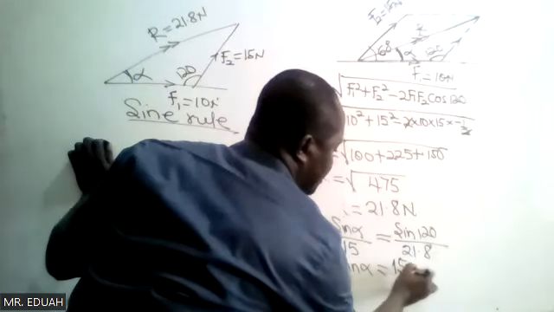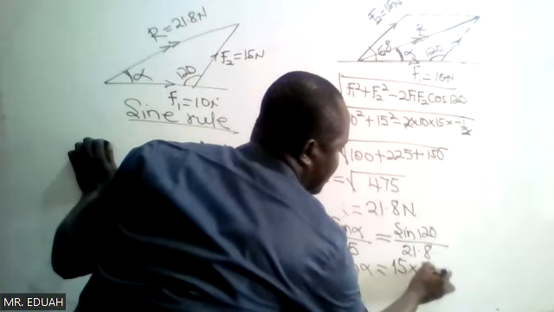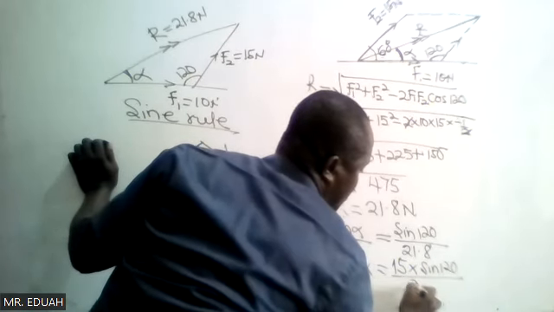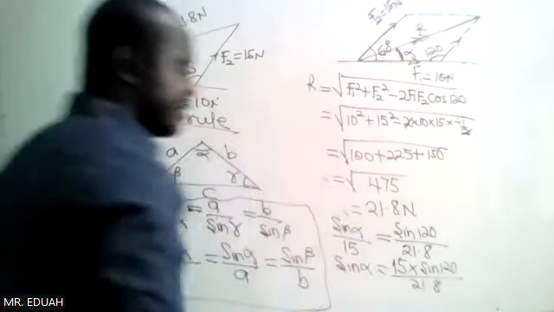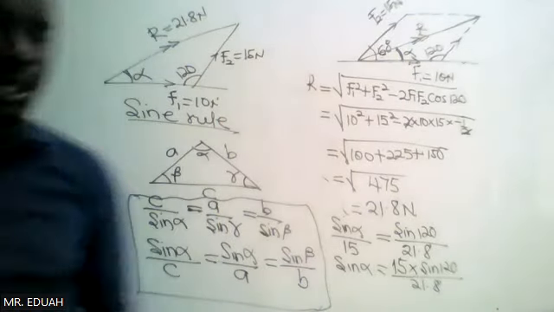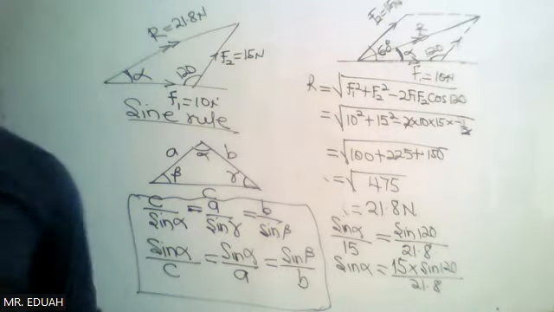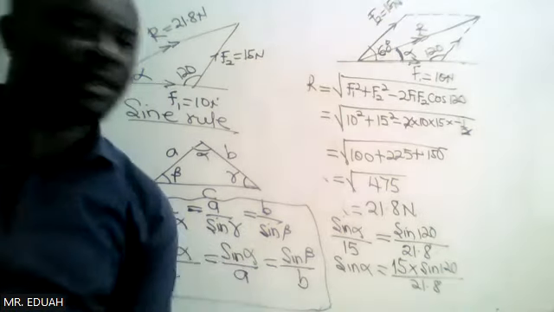So 15, all divided by 21.8. Multiply 15 by sine 120 and divide that by 21.8. Give me the final answer.